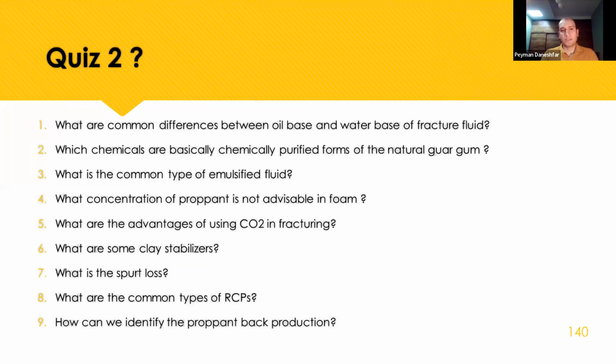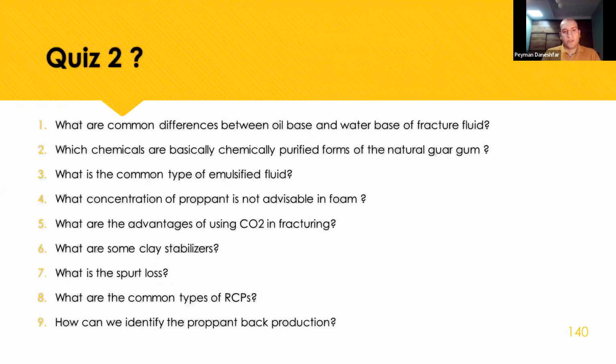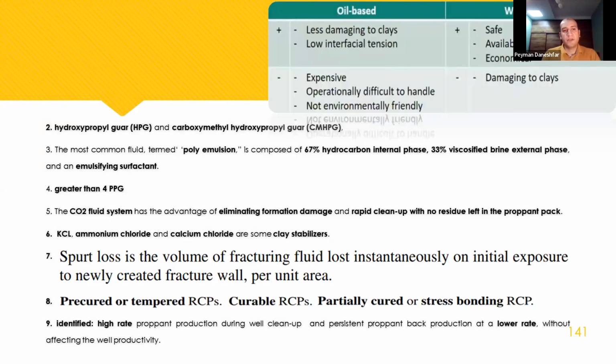Another one: what is spurt loss? Spurt loss is the volume of fracturing fluid lost instantaneously on initial exposure to the newly created fracture wall per unit area. What are the common types of RCP? Precured or tempered, curable or partially cured, and stress bonding.